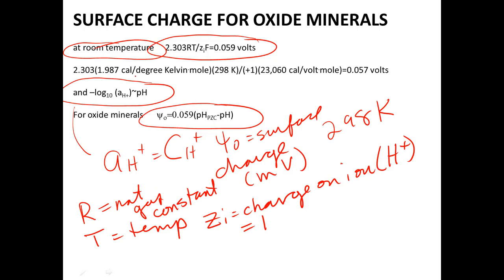We're going to use units of calories per degree for our natural gas constant. And this equation up here says 2.303 times RT, where we're at room temperature in Kelvin. Our hydrogen ion charge is 1. F is Faraday's constant.